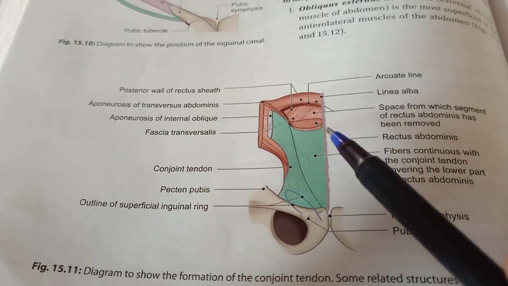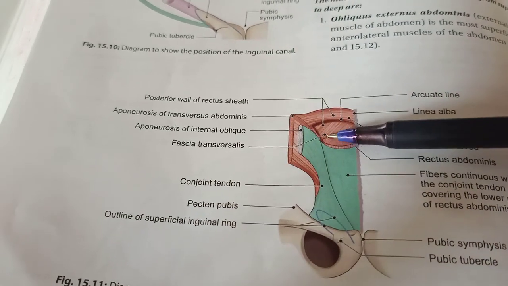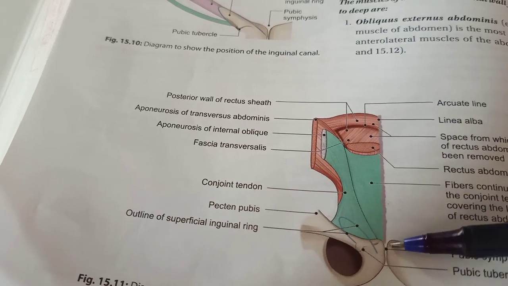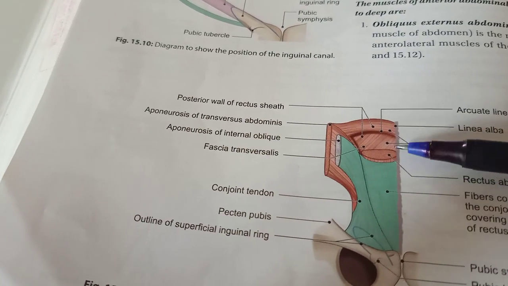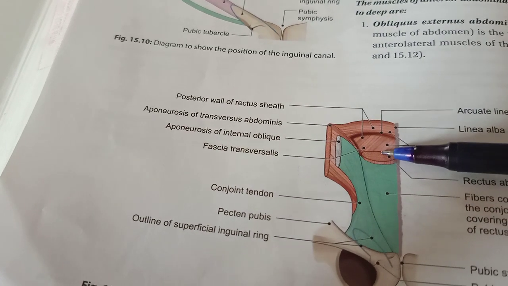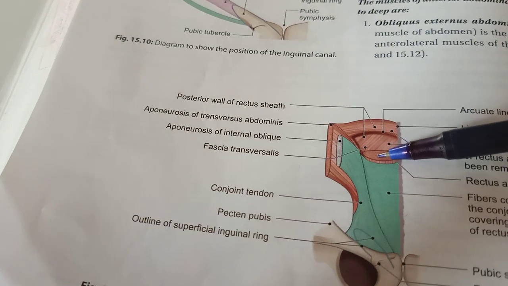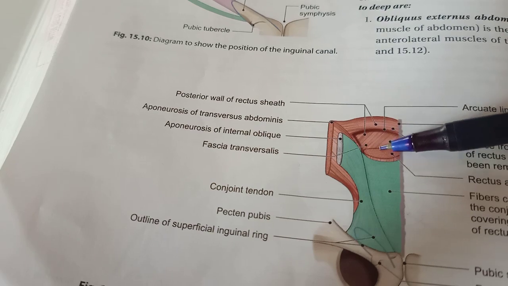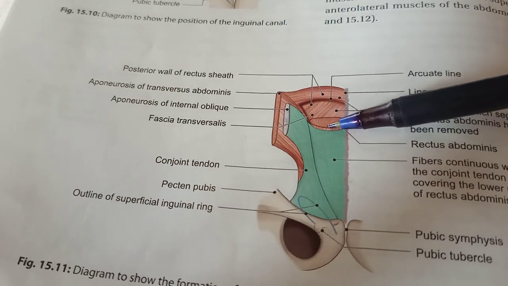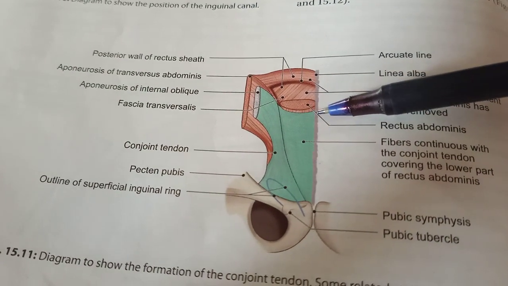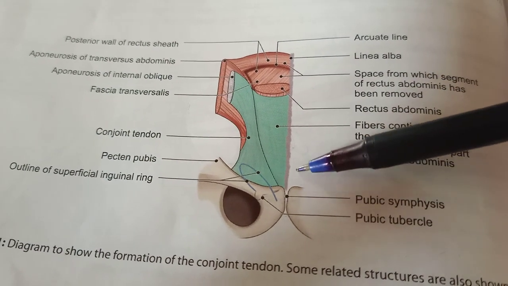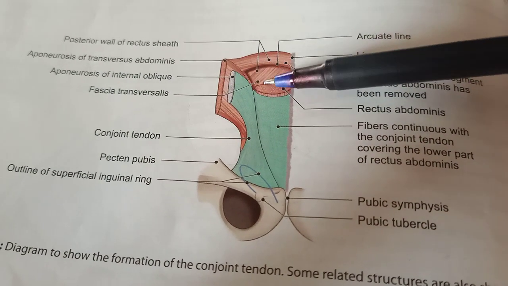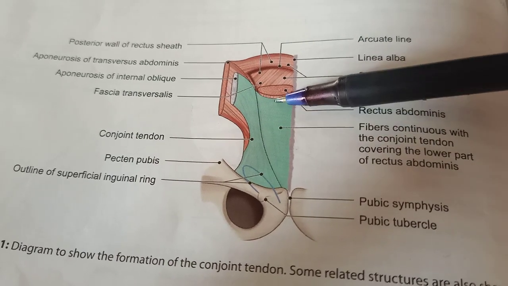Now you see, this is linea alba, this white line. Then you have the rectus abdominis muscle. Now you know the aponeurosis of all three muscles unite.